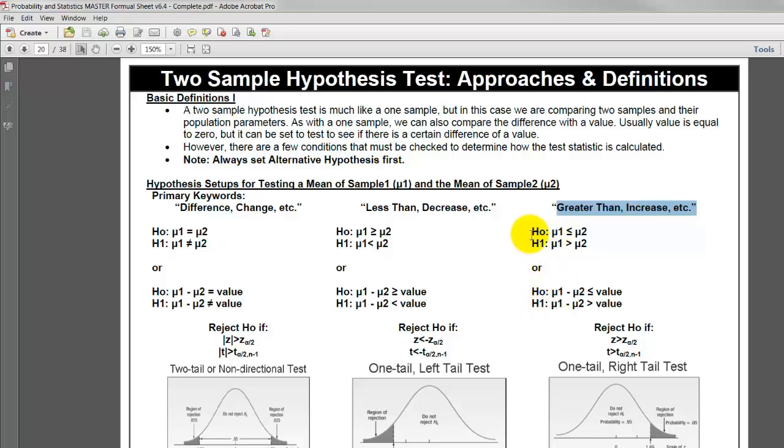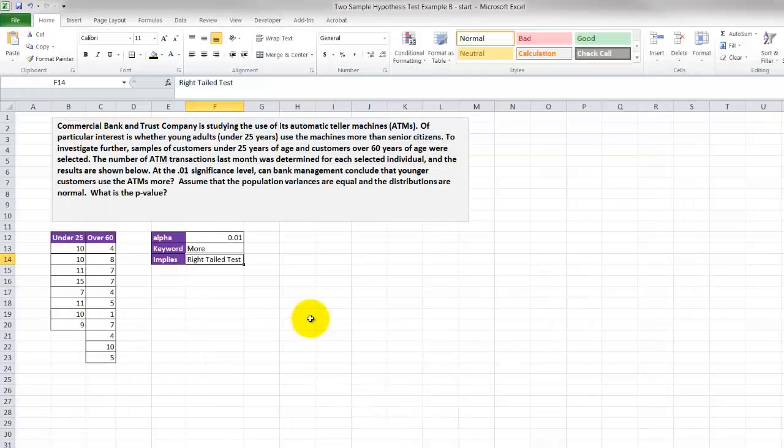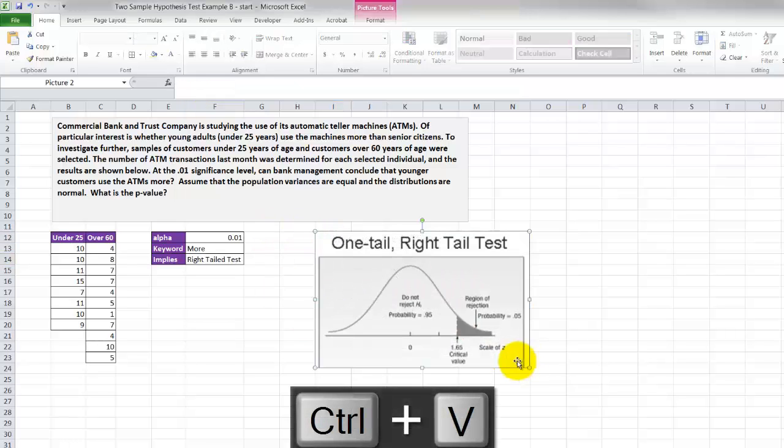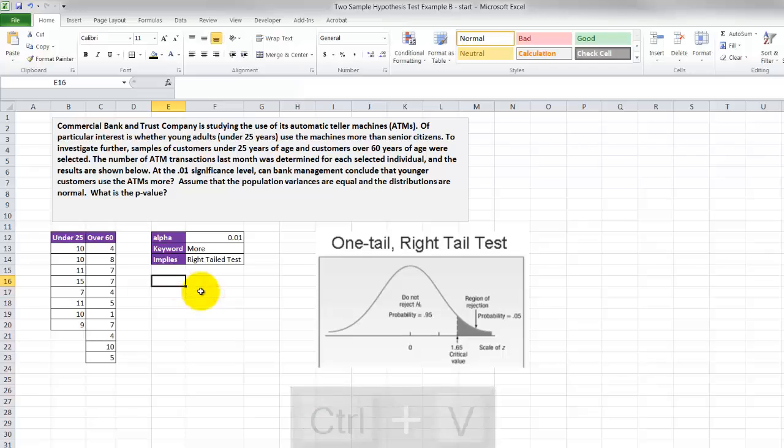Looks like the null is mu1 is less than or equal to mu2. Alternative mu1 is greater than mu2. And of course we can rewrite that. Let's go ahead and take this picture while we're here and place it in our spreadsheet for the analysis, just to remind us what's going on.